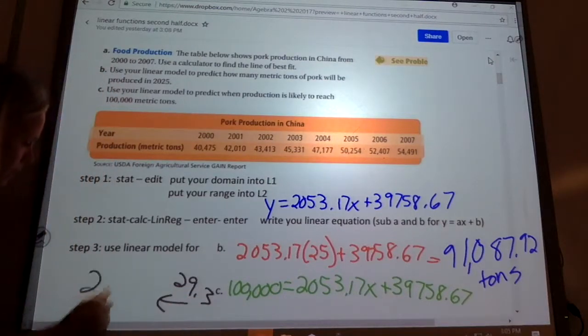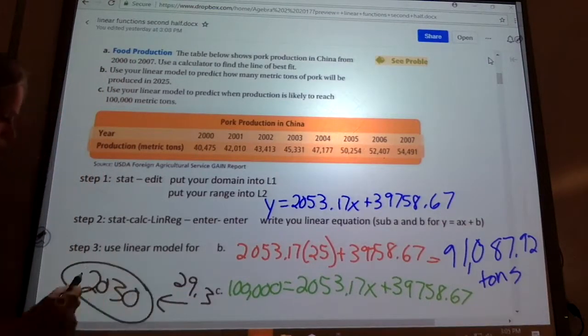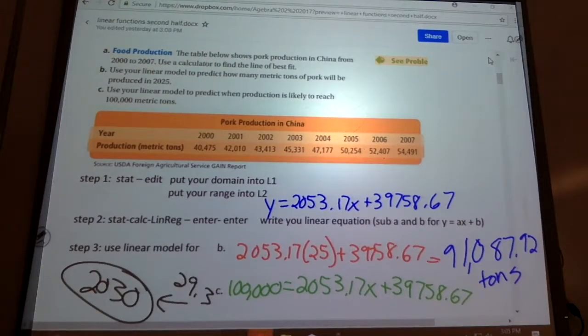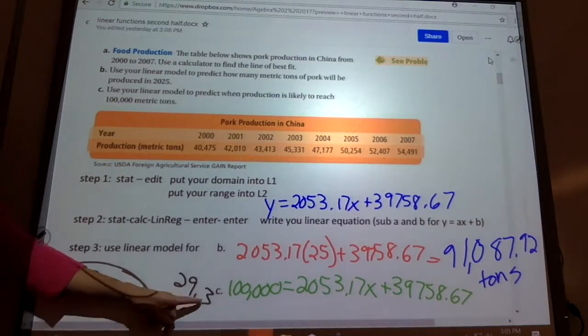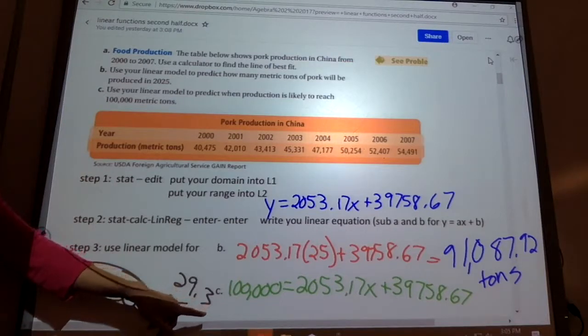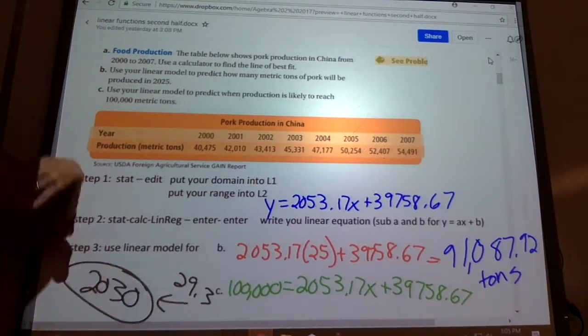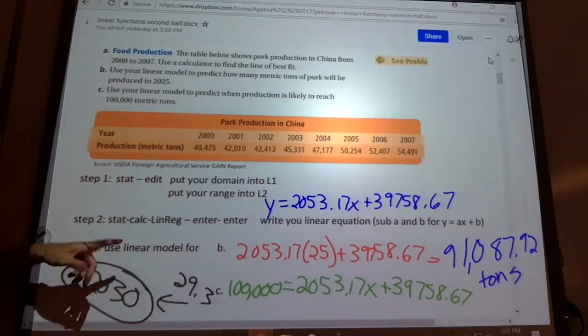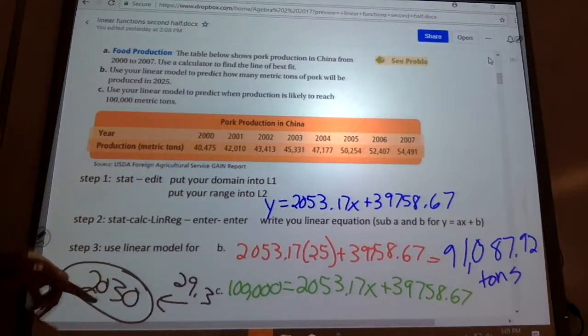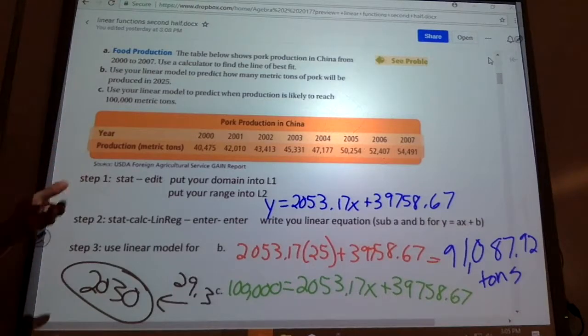So you'd have to say in the year 2030 that I'm going to reach that, because this is saying 29 years plus another third of a year. So you can't say 2029 because it doesn't happen until into the third of the next year. So it'd be 2030 that I would reach 100,000. You always have to round up to the next year. When will it reach that?